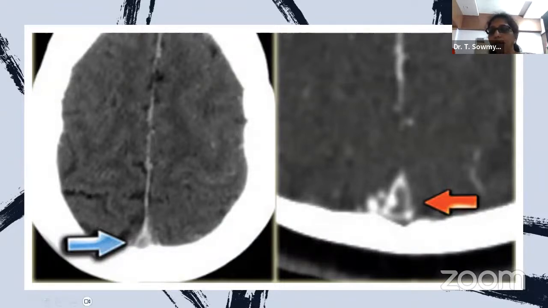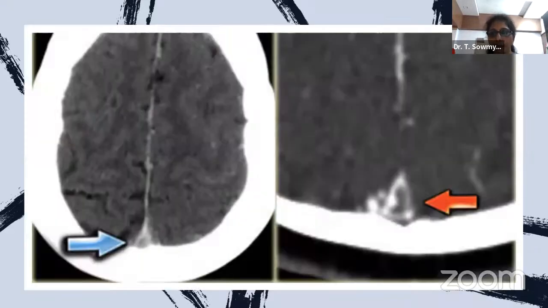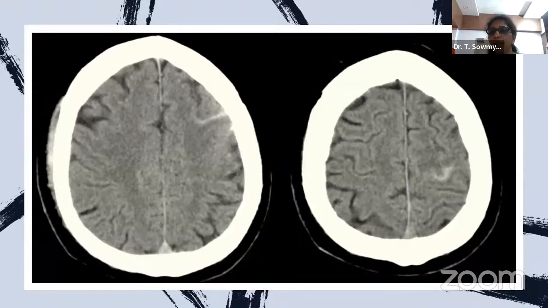See here, we can see this is a cord sign, and empty delta sign or dense triangle sign will be seen in CT imaging. And indirect signs like contrast enhancement, dilated veins, and parenchymal abnormalities also can be seen on CT imaging. And this is a slide where we can see the cord sign in the frontal area on the left side.